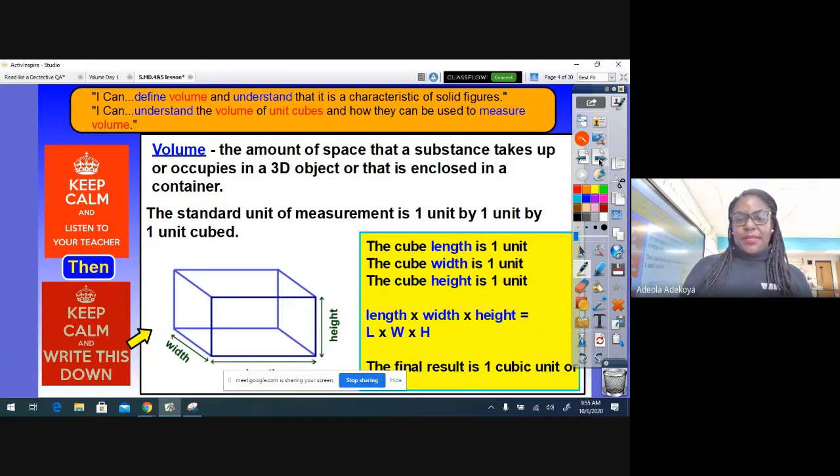Volume is the amount of space that a substance takes up or occupies in a 3D object, or the amount of space that's enclosed in a container. The standard unit of measurement is 1 unit by 1 unit by 1 unit.